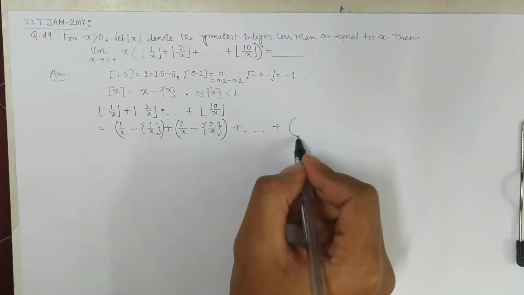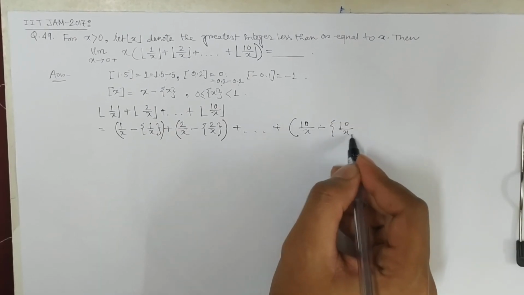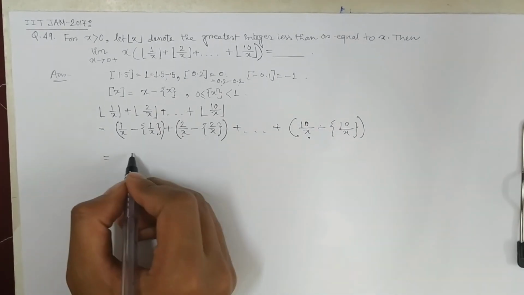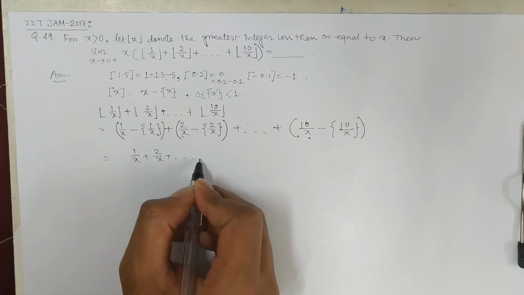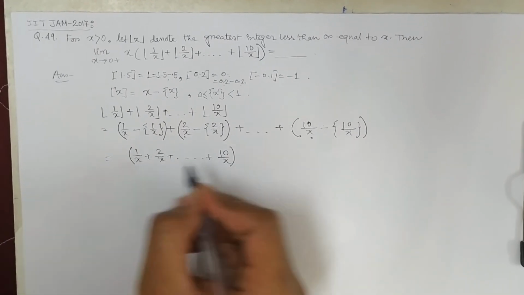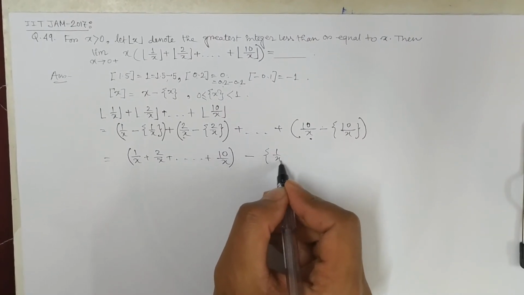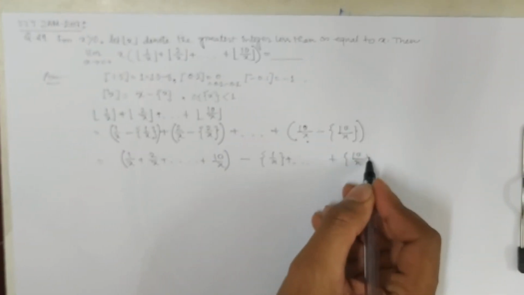It is 10 by x minus the fractional part of 10 by x, and if we club them together, it will be 1 by x plus 2 by x up to 10 by x minus the fractional parts of 1 by x up to 10 by x.